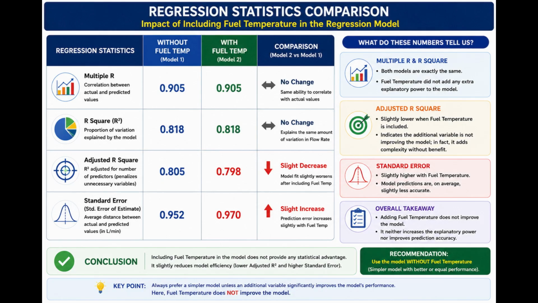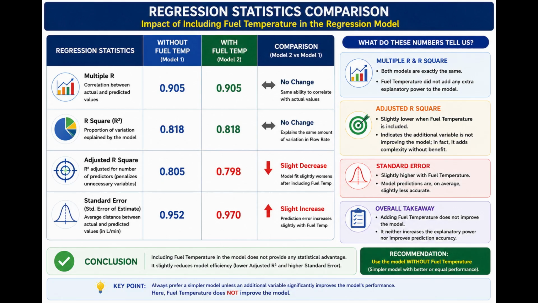We have seen multiple R and R square. Both are the same in both cases. Here comes the role of adjusted R square. Now if we compare the adjusted R square, then without fuel temperature, the adjusted R square is 0.805, while after adding fuel temperature, it decreases to 0.798.